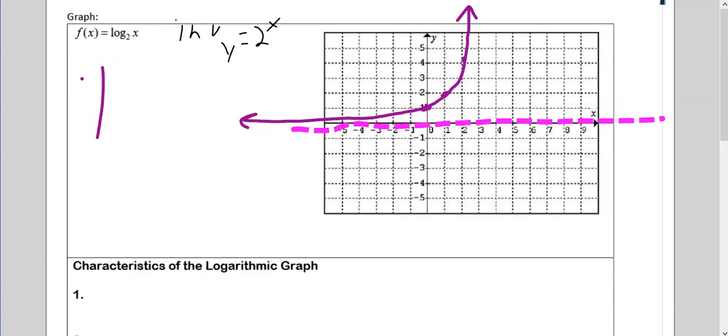So for my log here, basically, I'm going to have (4, 2), (2, 1), (1, 0), and then a bunch of fractional ones. And here's what it's going to do.